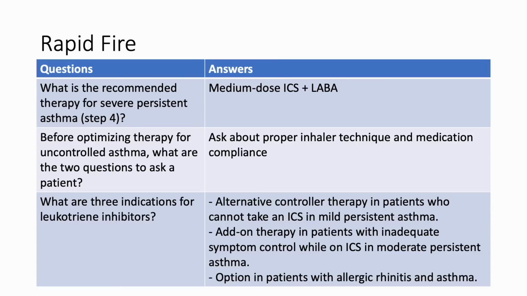What are the three indications for leukotriene inhibitors? Alternative control therapy in patients who cannot take steroids in mild persistent asthma. It can be an add-on therapy in patients with inadequate symptom control while on steroids in moderate persistent asthma, and an option in patients with allergic rhinitis with asthma.